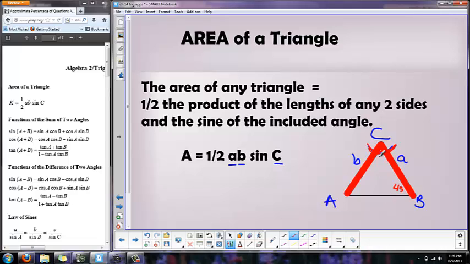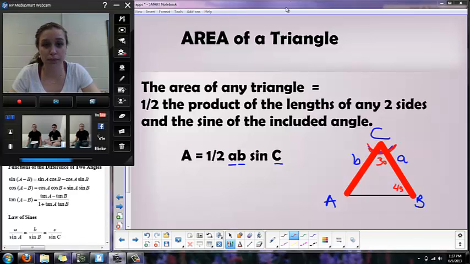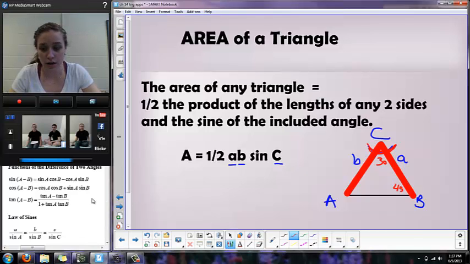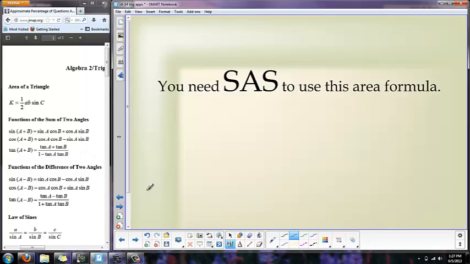You have to somehow use another piece of information in the triangle to figure out what this angle is equal to, and then you can figure out the area, side, angle, side. Okay? Really not that hard. Literally, this part of the chapter is just plugging numbers in yet again.